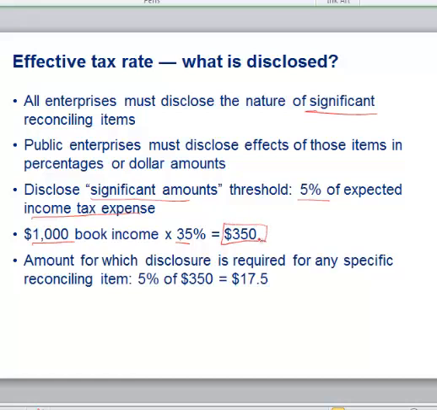That would be my expected expense. 5% of 350 would be 17.5. So any item that changes my provision by more than 17.5, I should call out separately in my rate rec. If it's greater than 17, I show it. If it's less than 17, I generally put it in other. Everyone has an other row in their rate recs, and that other row is for the things that are less than 5% of the expected provision.